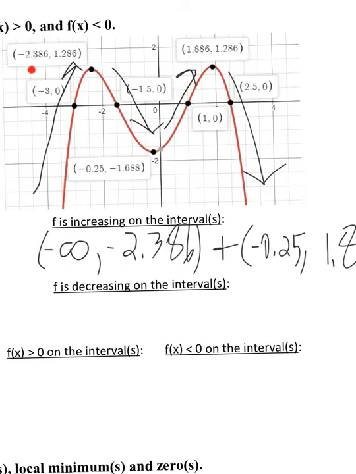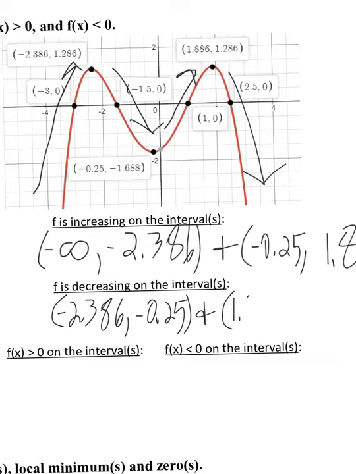So the x coordinates would be -2.386, and the other x coordinate would be that -0.25. And then it decreases from this local max of 1.886. And then it's going down and to the right forever. If it's going to the right, it's going towards positive infinity.